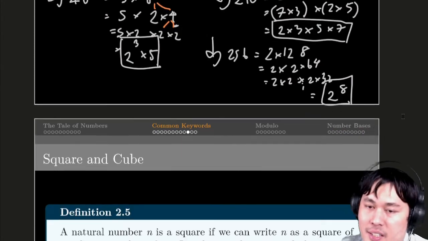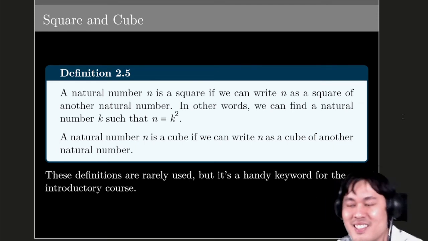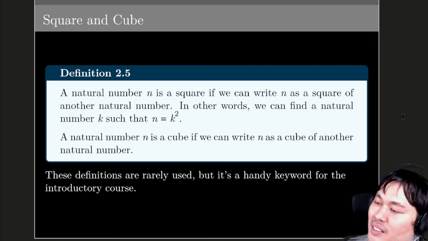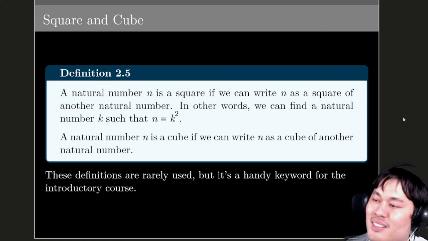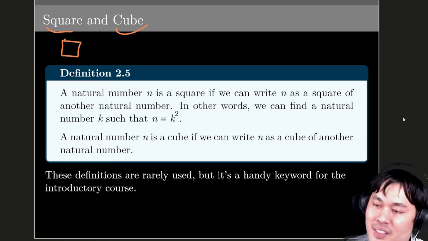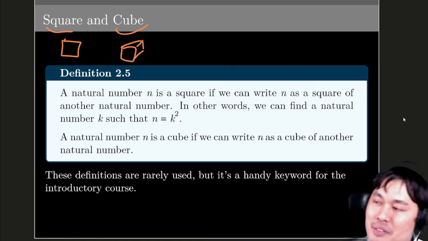Oh, and finally, these are not the formal definitions, but you might see them somewhere in problems or fun recreational problems. So we have words like square and cube. A square is a square, a cube is a cube, if you think of them as objects.